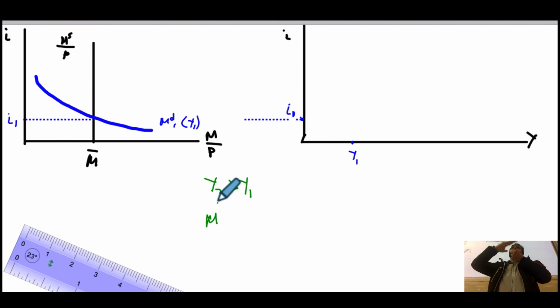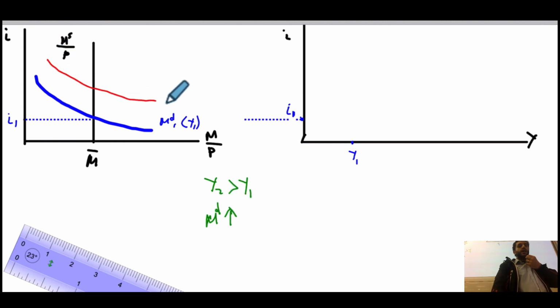Basically, that will increase demand for money, which means we'll shift the money demand curve upward, because if you remember, we demand money for three reasons: transaction, precautionary, and speculative purposes. So if income has increased, you demand more money for transaction. So that means the MD curve will shift upward.